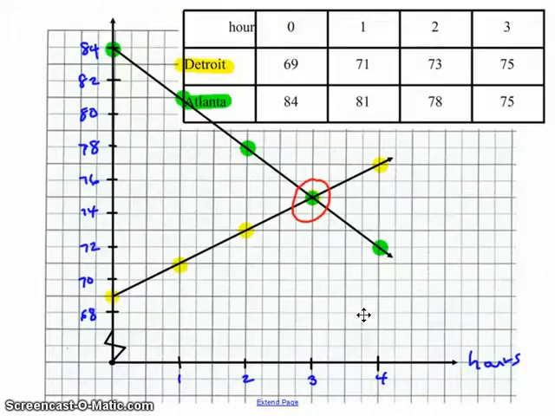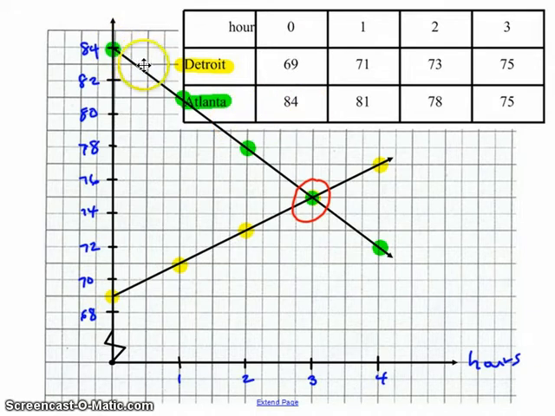So the next part of the task is to go from there, where I have this table, to create a graph like this one. I made Detroit yellow, and the starting temperature for Detroit was 69 degrees. There's 69. I made Atlanta green, and its starting temperature was 84, which is right here.